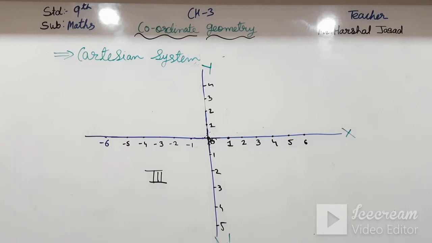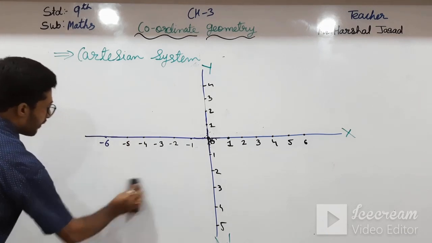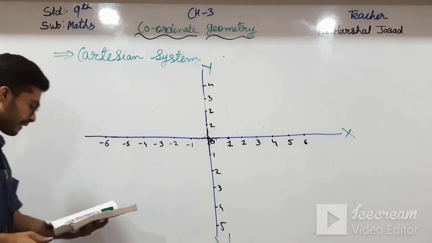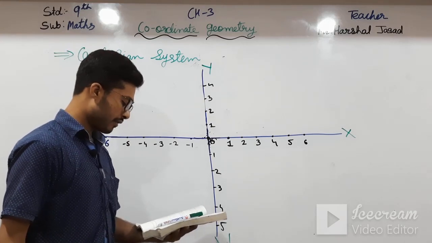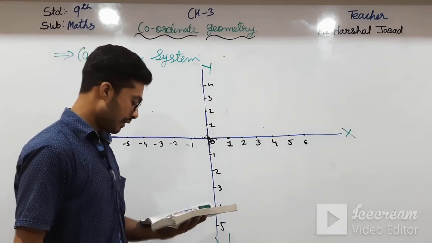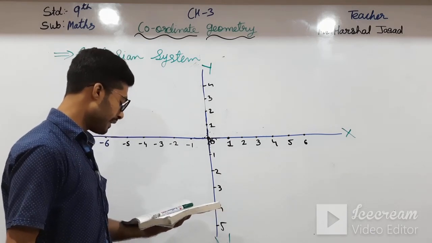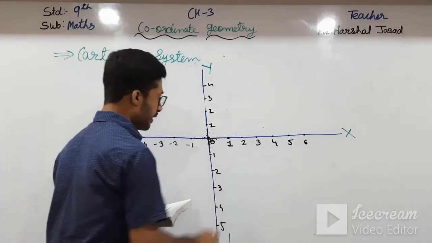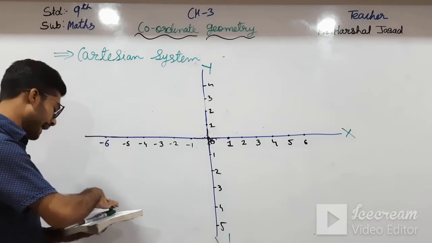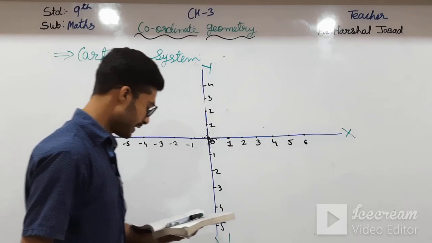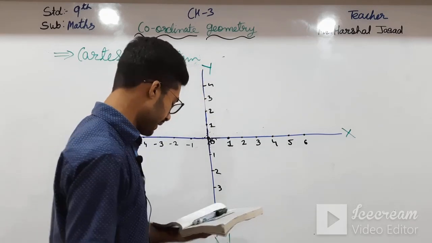First of all I am drawing that diagram on the board, reading one by one point and drawing it. The perpendicular distance of the point P from the axis measured along the positive direction of the x-axis. Here it is O or 0, and now we draw the x-axis in the positive direction and the y-axis in the positive direction.